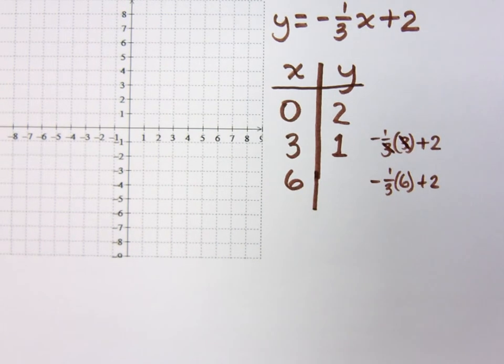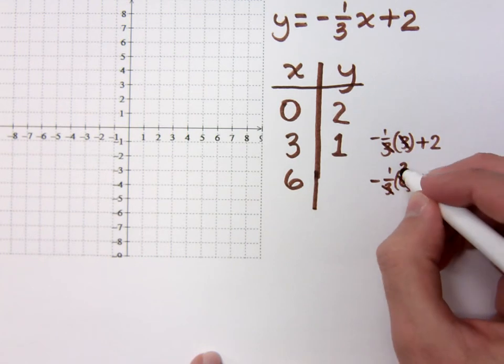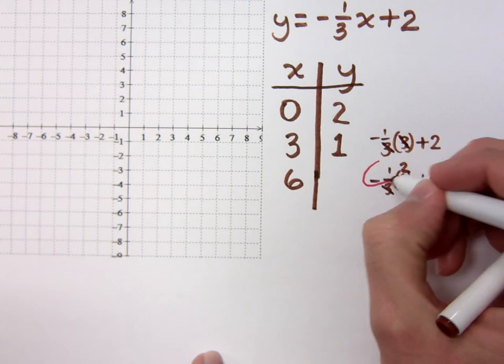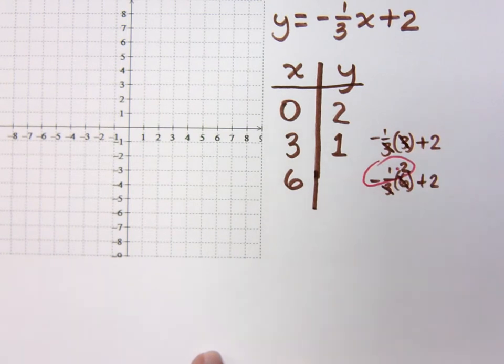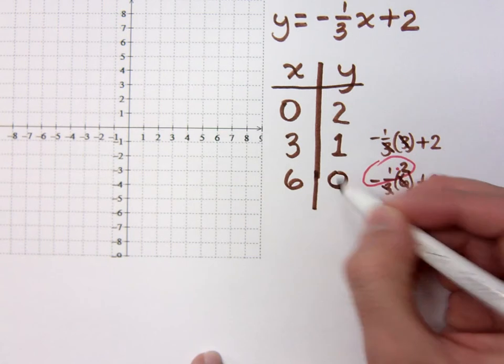How do I simplify this? 3 goes into 6 twice. Make sure that you see this. That's negative 1 times 2 plus 2, which is what? 0. It's 0, right?